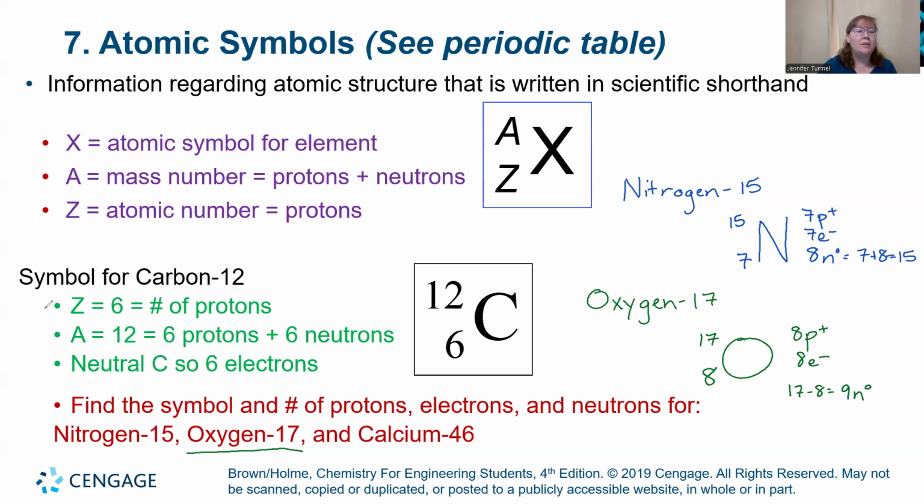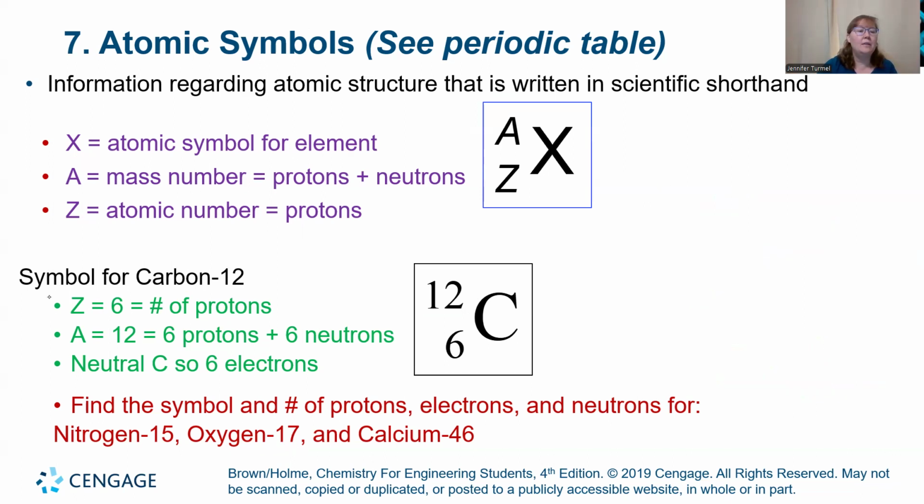All right, so now let's do our last one here, calcium 46. Again, you have to find calcium on your periodic table, and you will see that your symbol is a Ca. That is my mass number for this isotope. Now you'll notice sometimes this doesn't match the value on your periodic table, because those are weighted averages.